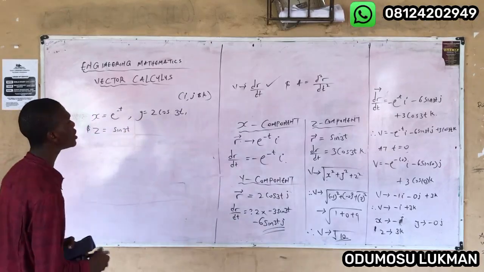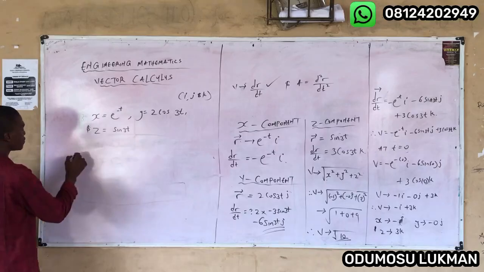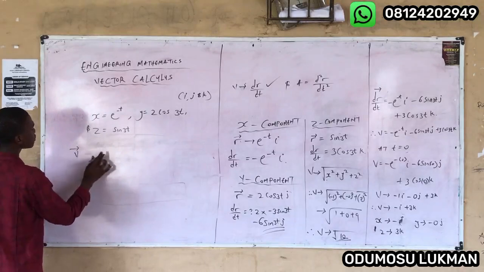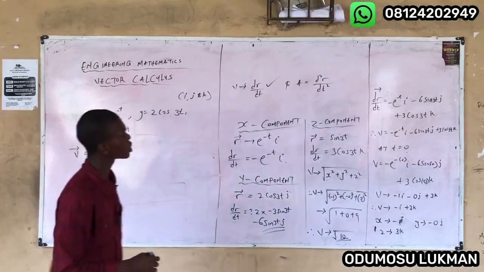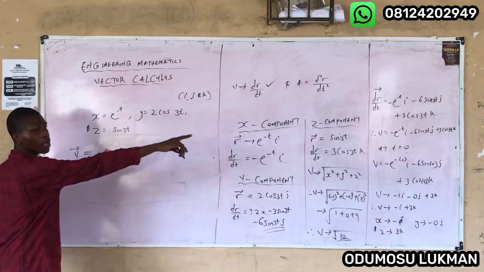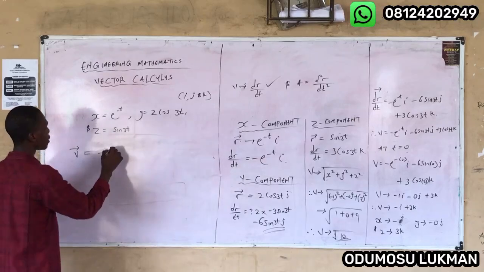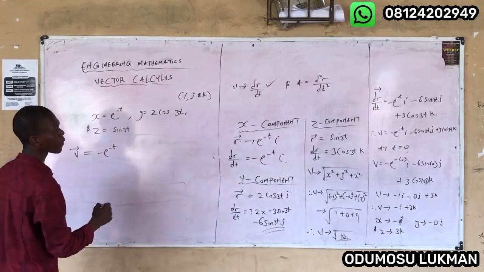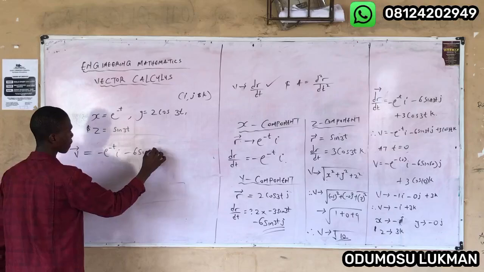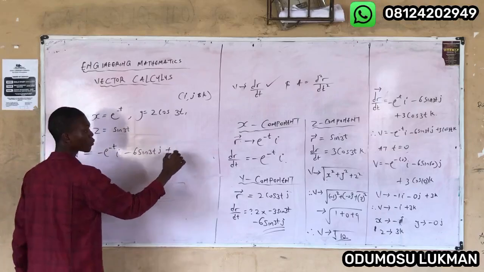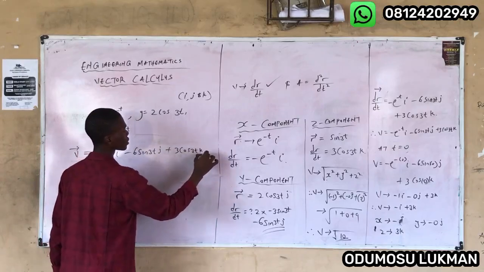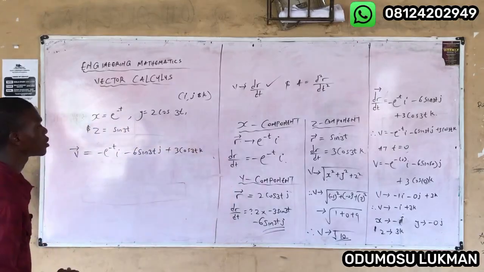So if velocity v was calculated as minus e to the power of minus t i, minus 6 sine 3t j, plus 3 cos 3t k.